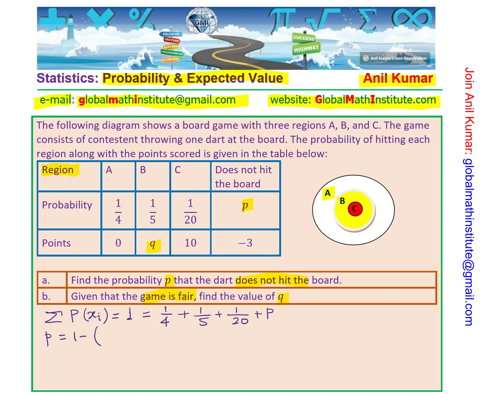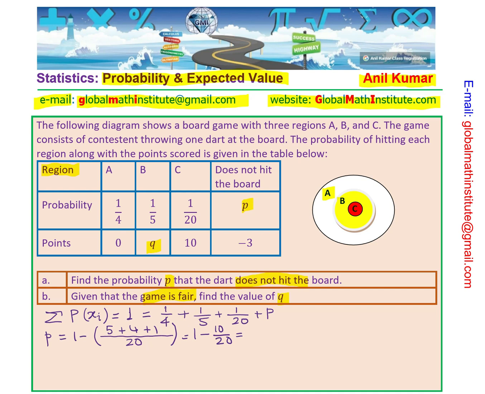Now, while taking the sum, I'll take a denominator of 20, so we write all of them with the denominator 20. So we get 5 plus 4 plus 1, which is 1 minus 10 over 20. 10 over 20 means half, right? 1 minus half is half.